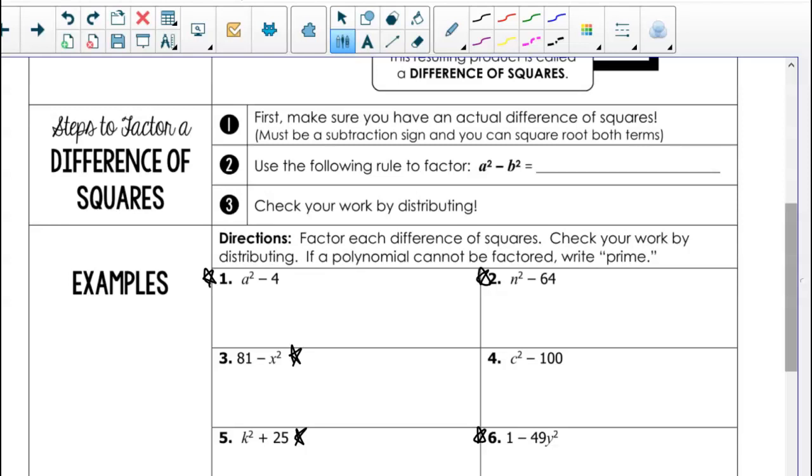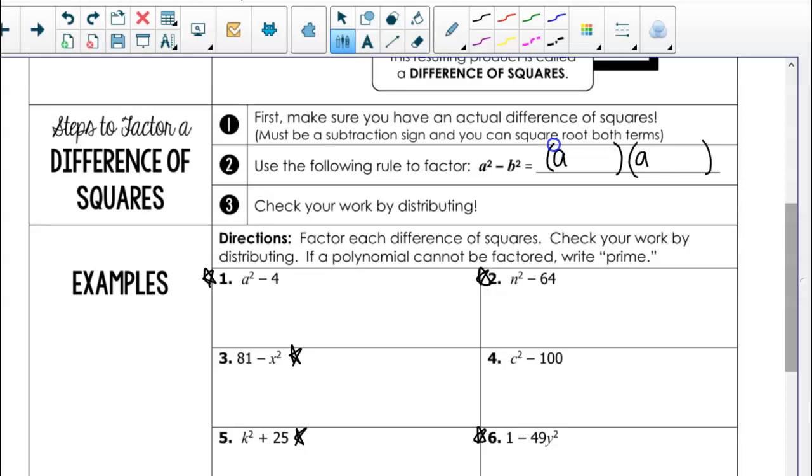Then we're going to be using the following rule to factor. Anytime we have subtraction with two terms that we can take the square root of, the two factors are going to be the square root of the first term. Think about this as: what times what would give me a squared? That would be a.